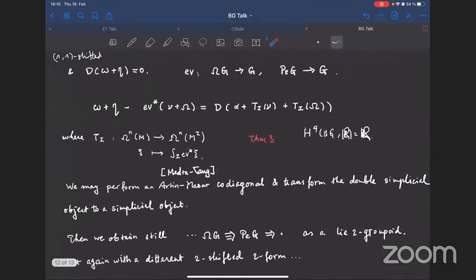Let me just make comments in the end. We did all these different, like a zoo of symplectic forms. This is also to try to answer some mysterious thing in my heart for a long time. There were some efforts to integrate Courant algebroids, and many symplectic forms come out.